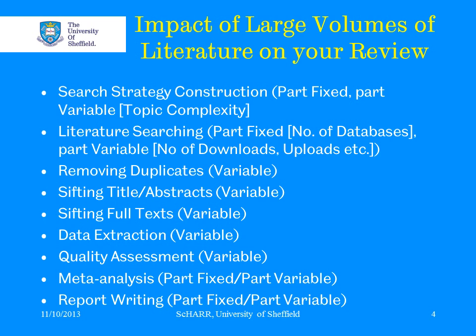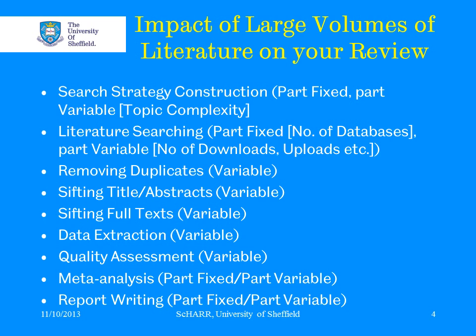If we look at the various stages of the review here, we'll see that some elements are fixed. In other words, they will have to be done whatever the size of the review, and some elements are variable, and they will depend on the complexity of the review and the characteristics of the literature. And so the search strategy and literature searching phases are part fixed and part variable.